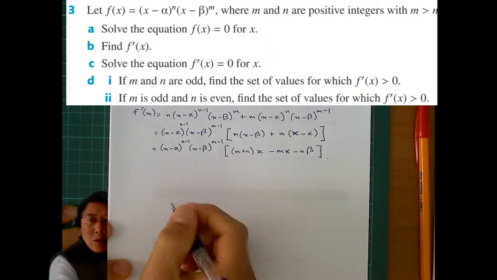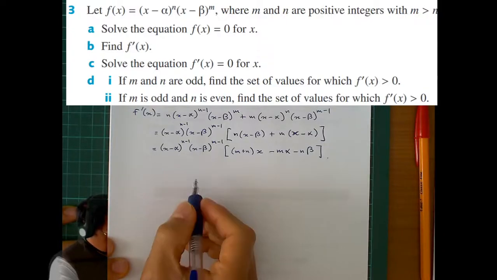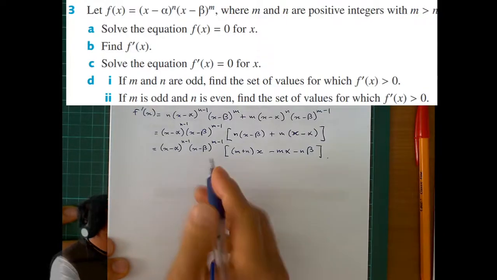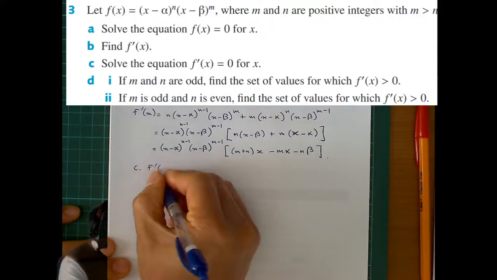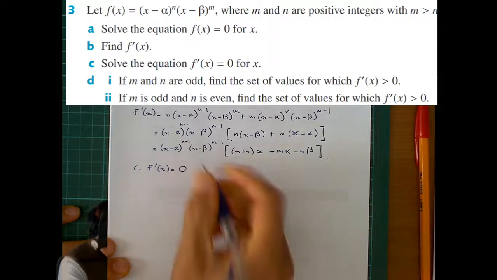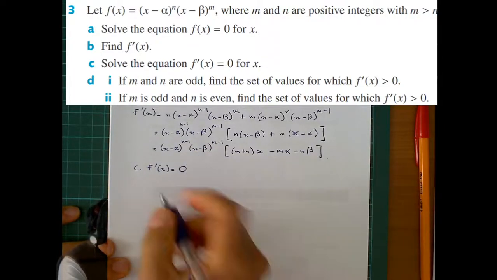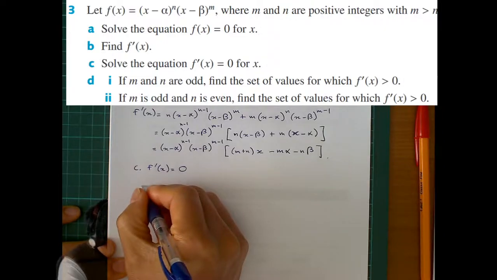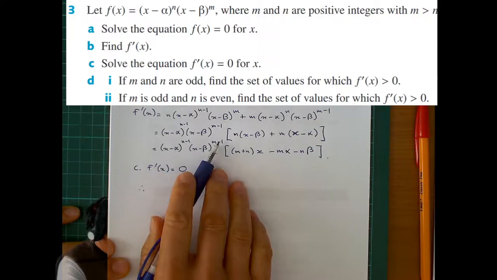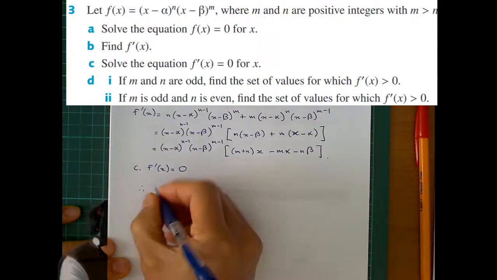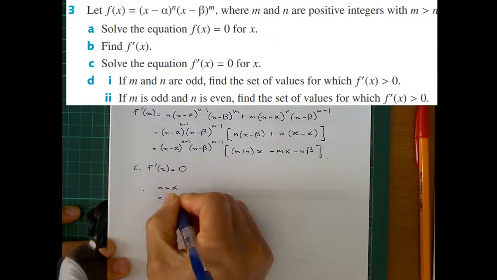Alright, so that's part B. Part C, we make it equal 0, so defactorize. So you have the two factors that give you alpha and beta. So the first two solutions come from the factors to the power of n minus 1 and m minus 1. x equals alpha, x equals beta.